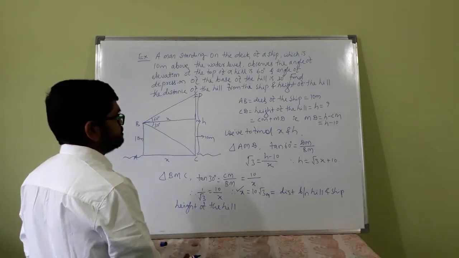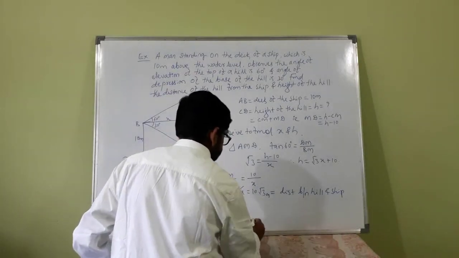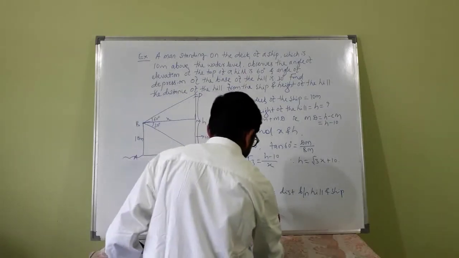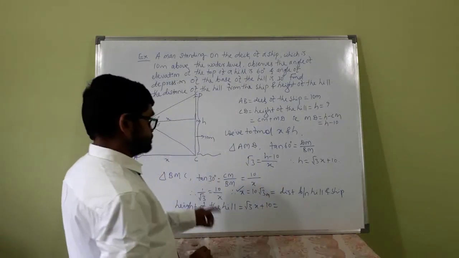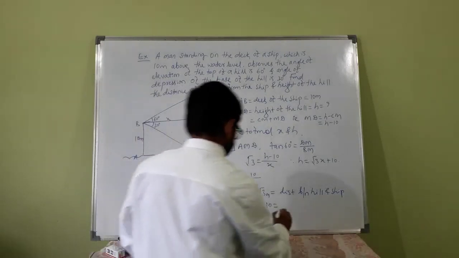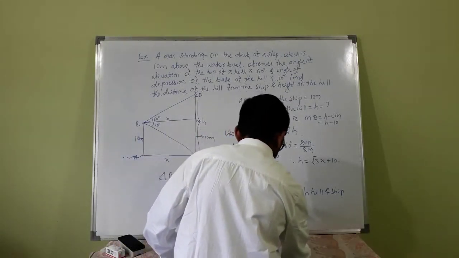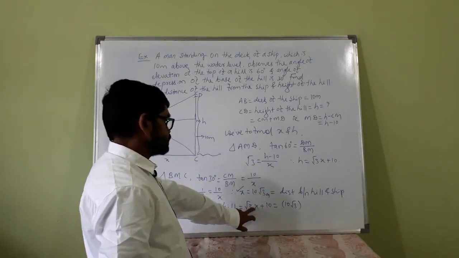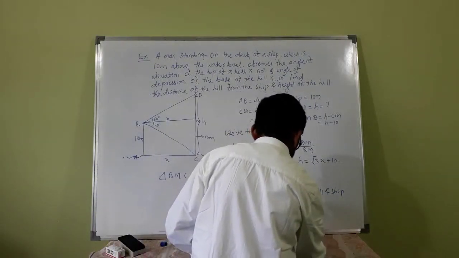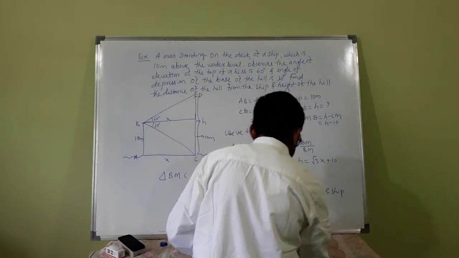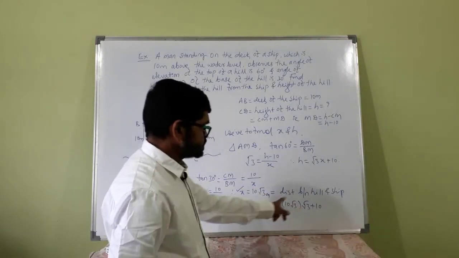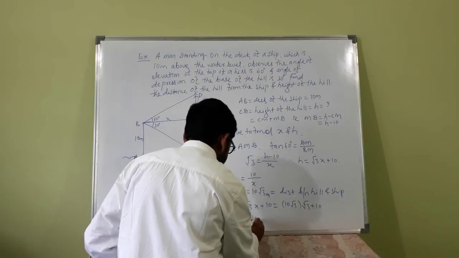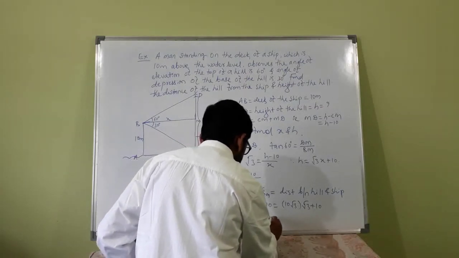Height of the hill is root 3x plus 10, what is x? 10 root 3. So 10 root 3 into root 3 plus 10, where root 3 into root 3 is 3. 10 into 3 plus 10 is equal to 40 meter.